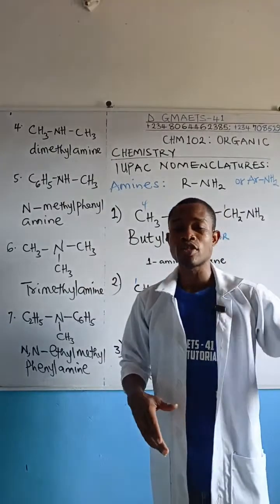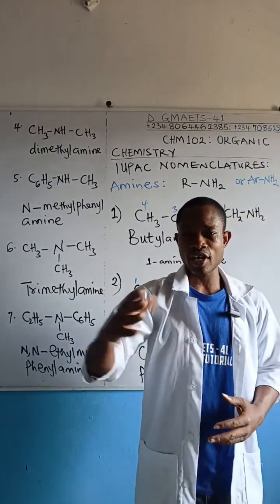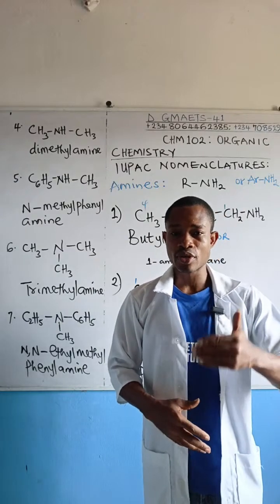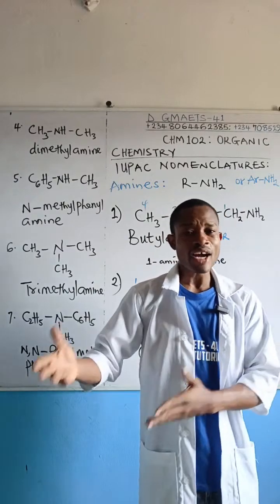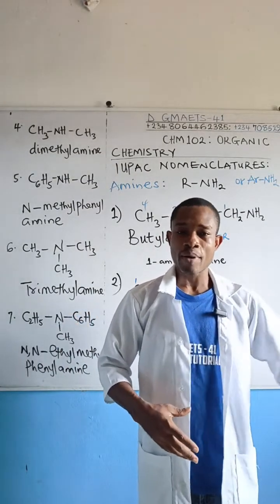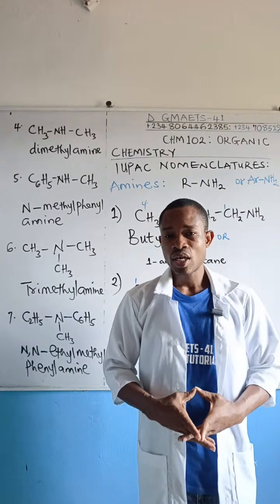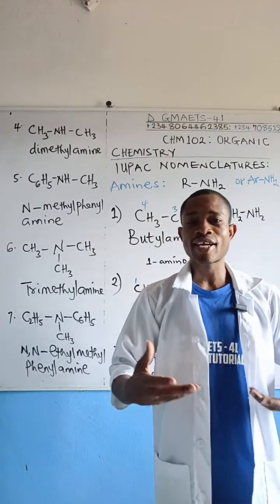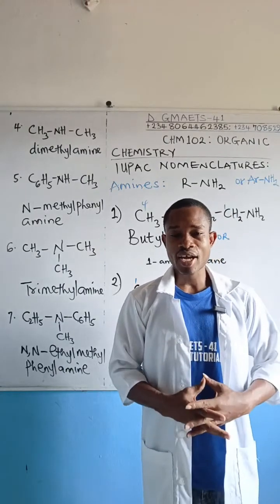Like I said, for those in 200 level, there's organic chemistry, and I'll be taking them as well. Hopefully tomorrow I'm going to introduce the IUPAC nomenclature for bicyclo compounds. Of course, those compounds have what we call bridgehead carbons.